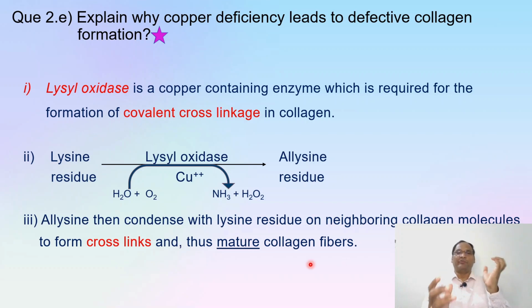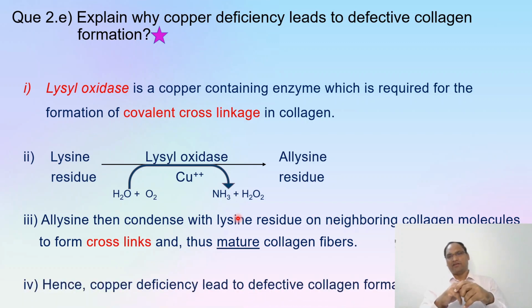Obviously, when there is a deficiency of lysyl oxidase or of copper, it will lead to defective collagen synthesis. So again, the answer is provided very specifically. You have to mention this reaction and the role of lysyl oxidase during the maturation of collagen fibers. Okay, let's move to the subsequent question.